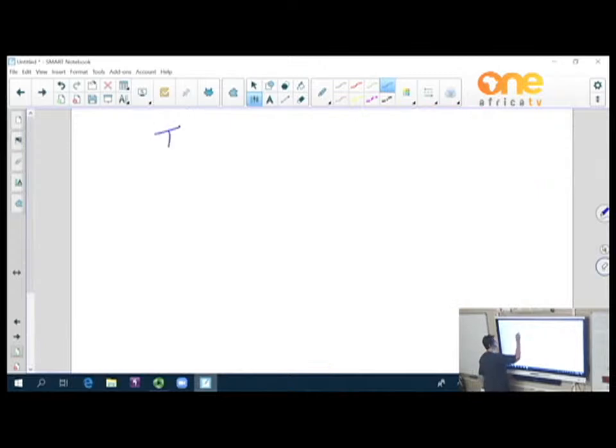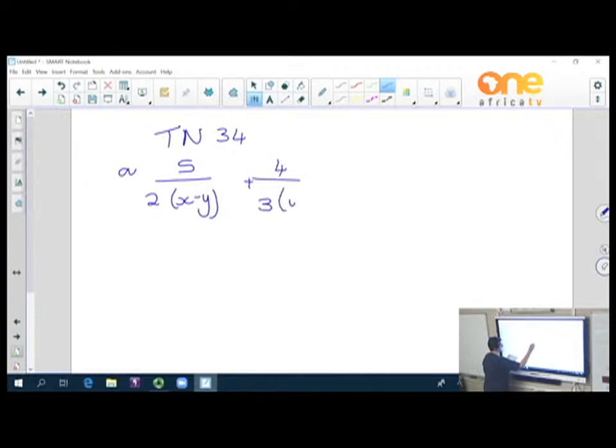The next one is try now 34. And it's very similar to what we did now. Fractions with factorization. So the first one there is 5 over 2x minus y plus 4, 3, y minus x. Now, what makes this one extra is that we have a sign problem. Can you see here?